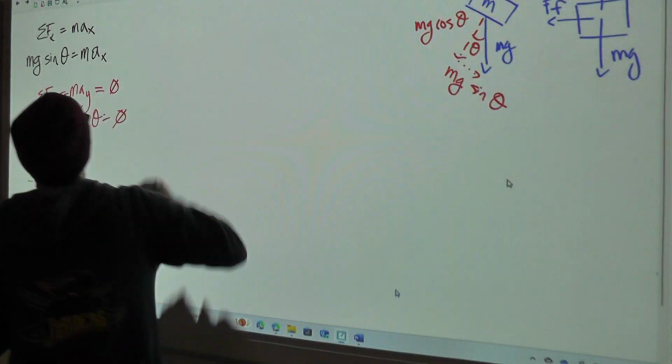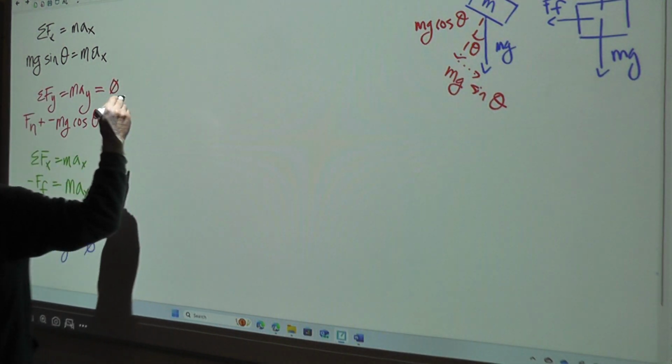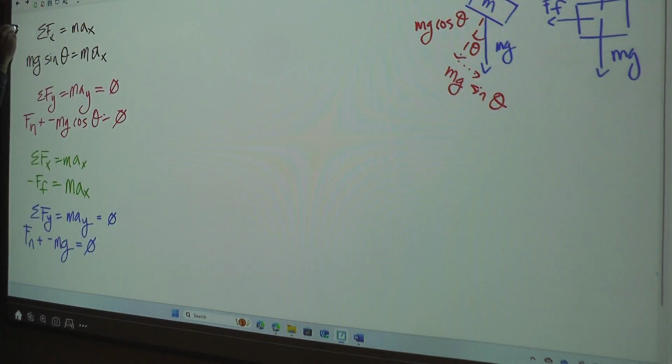So this is not two separate objects, right? Like this is on the hill and this is on the flat, okay? But they are like four unique equations, four relationships.